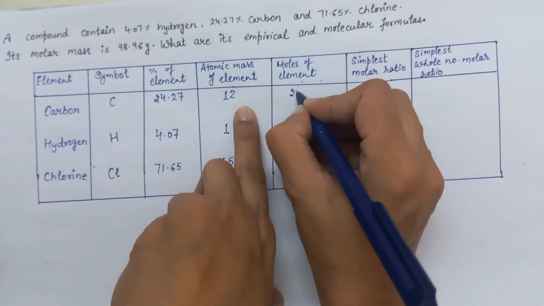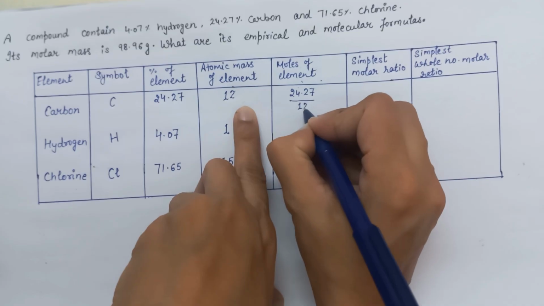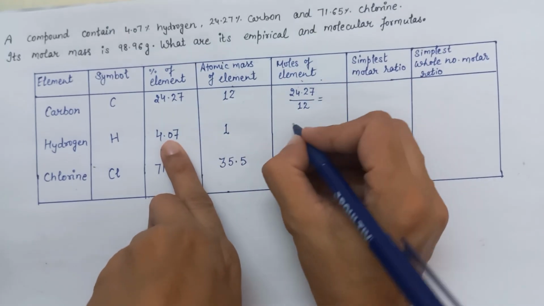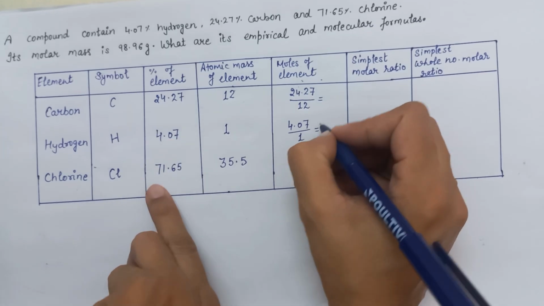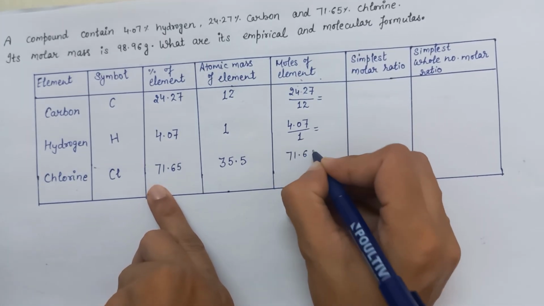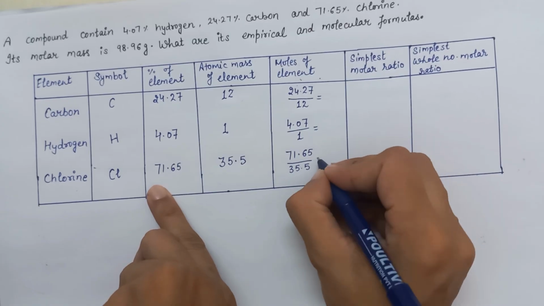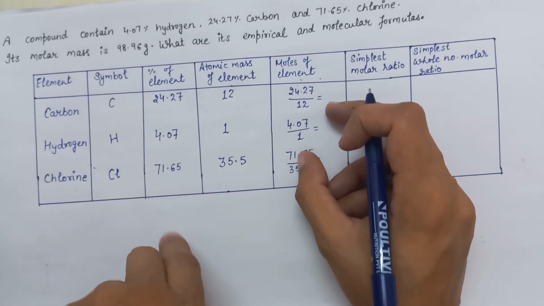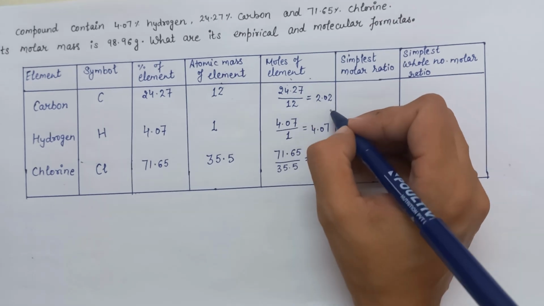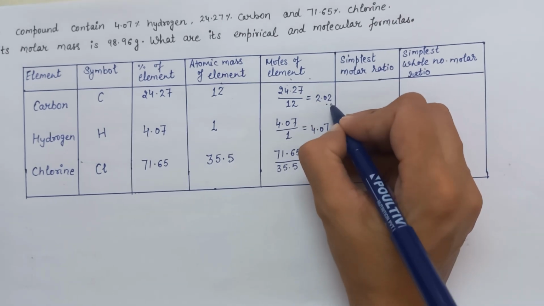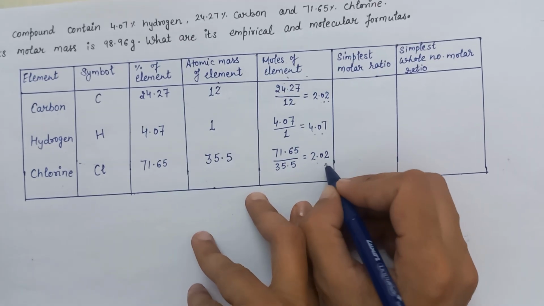Now 24.27% of carbon is given and its atomic mass is 12. For hydrogen we have 4.07 and the atomic mass is 1, and for chlorine the percentage is 71.65 and its atomic mass is 35.5. So on the basis of these calculations we get the number of moles of the elements: for carbon we have 2.02, for hydrogen we have 4.07, and for chlorine we have 2.02.